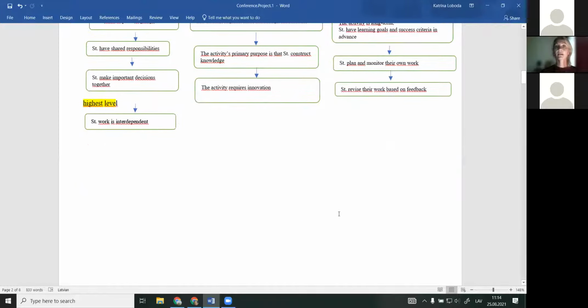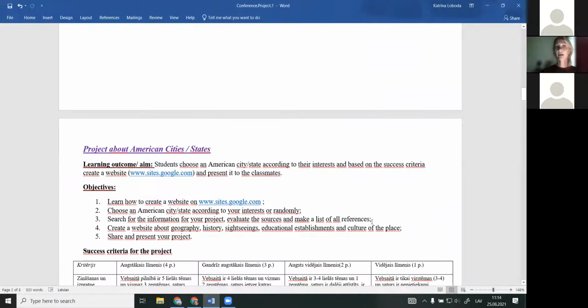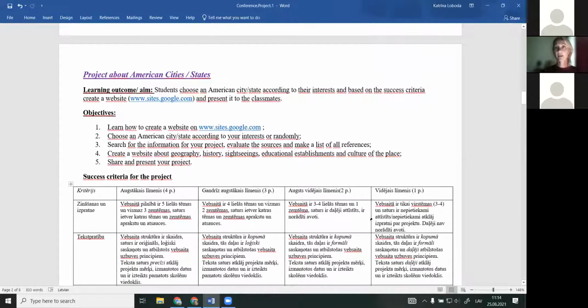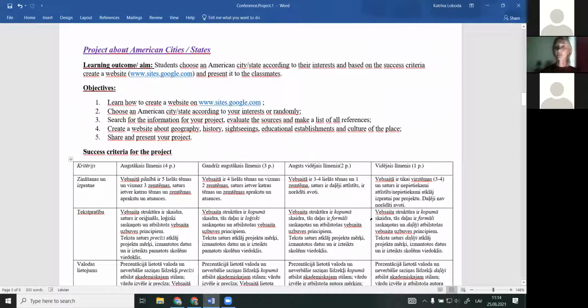Okay, and now talking about the project itself. As I mentioned previously, I participated in a Fulbright TA program, and I was inspired to create my own website about the American city Reno, state Nevada.